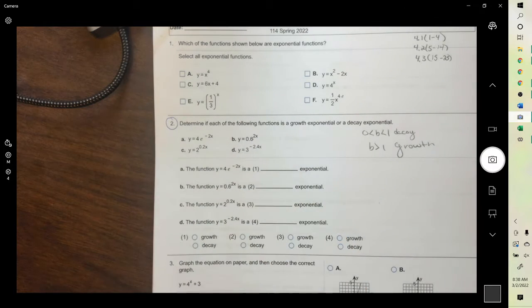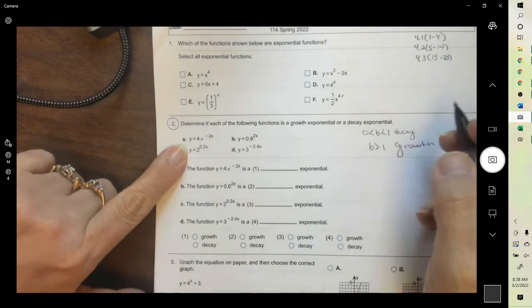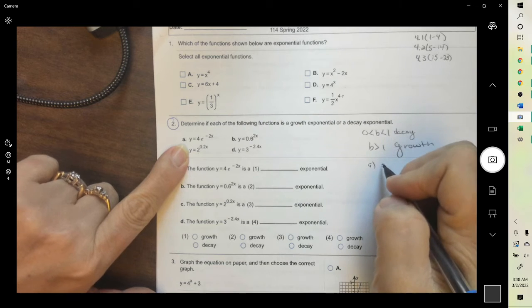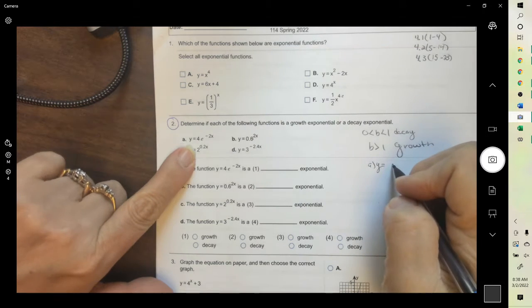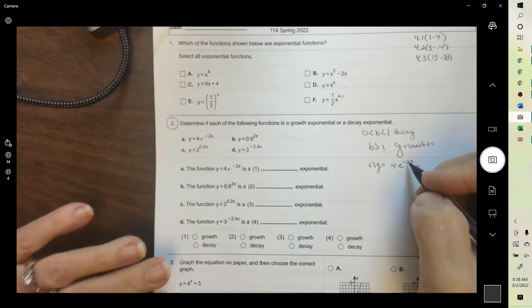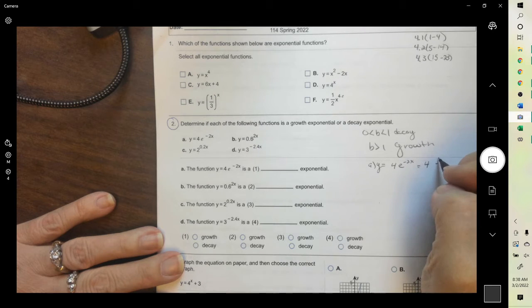Now I skipped the other two because of the negative exponents. What the negative exponent does, if we have 4e to the negative 2x, that negative moves the e to the denominator. 1 over e to the 2x.